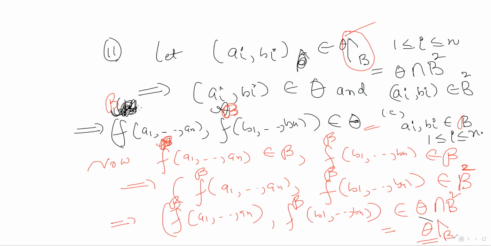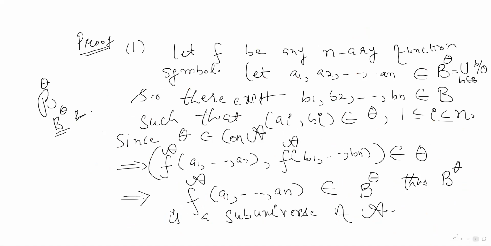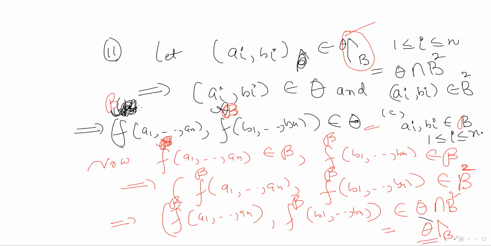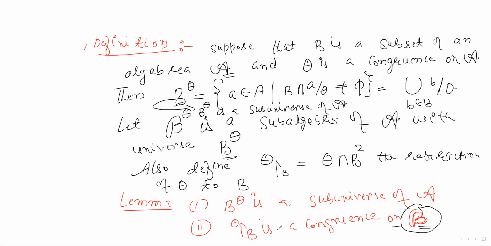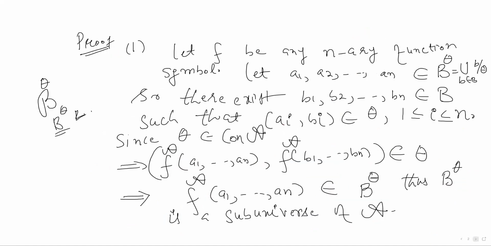It is also a congruence on B theta. You can also prove this one. I have shown that theta restricted on B is a congruence on B, so you can just extend this. Theta restricted on B theta is a congruence on the algebra B theta. You can do this on similar lines.